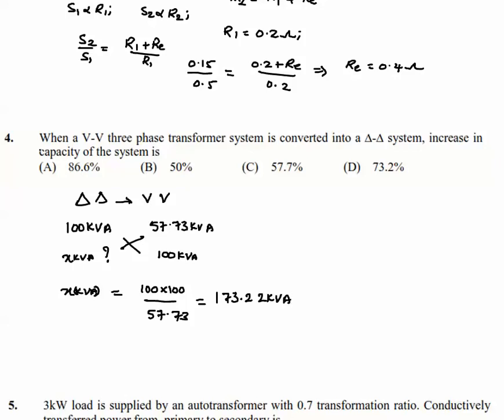If you observe how much capacity is increased here, this value is 173.22 kVA. That means there is an increase of 73.2 percent of capacity. So the answer is D here.